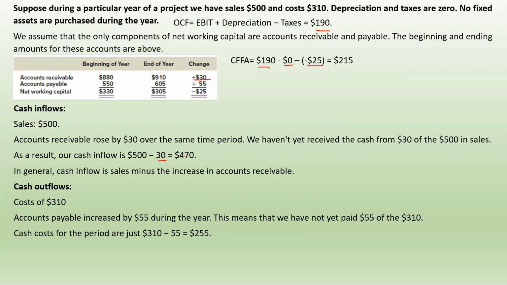So the cash outflow should be the difference between this $310 and the $55 that we haven't paid. So the cash cost, or cash outflow, is $255. Put this together: the cash inflows minus cash outflows, that is our cash flow from assets, is $215.